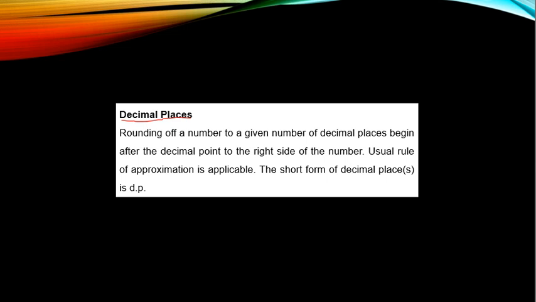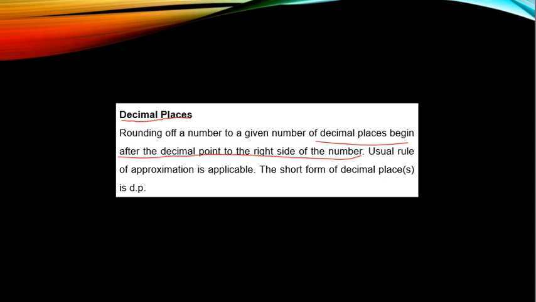Rounding off a number to a given number of decimal places begins after the decimal point, to the right side of the number. That is clear enough.